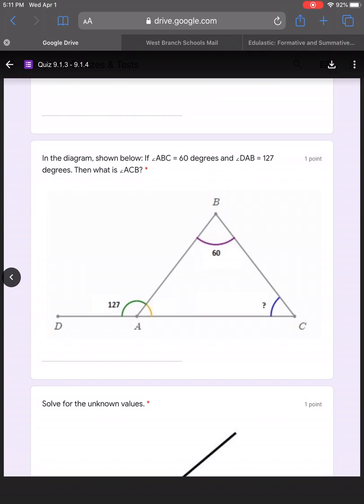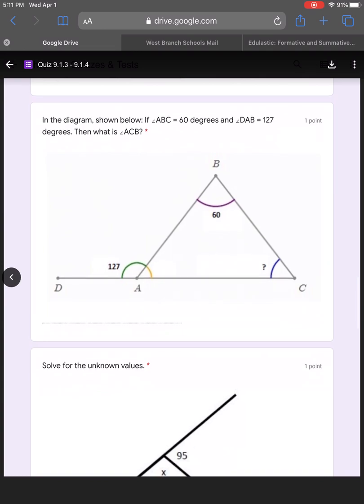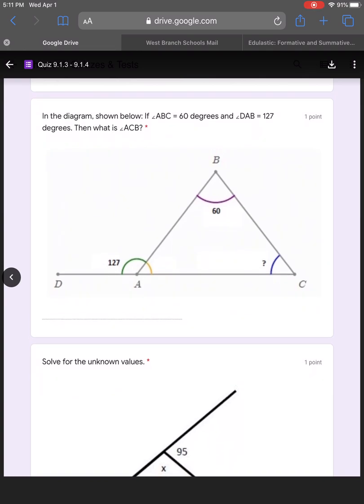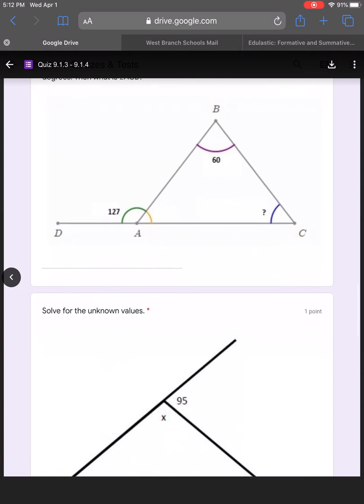So there is something that we learned from these lessons that talks about our exterior angle, which is the 127 degree angle, and the remote interior angles. So again, we need to figure out the measure of angle ACB. That is the one with the question mark and the blue angle marker.